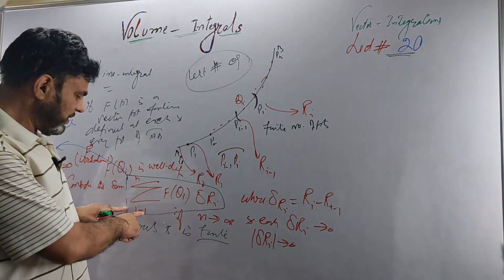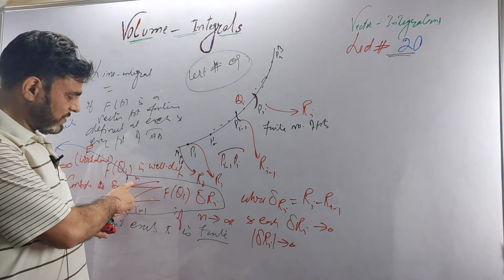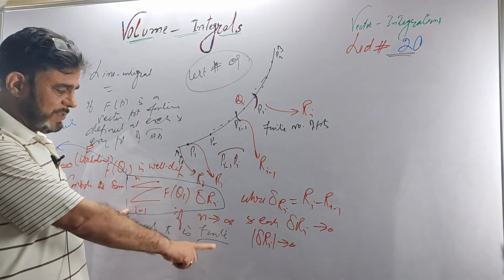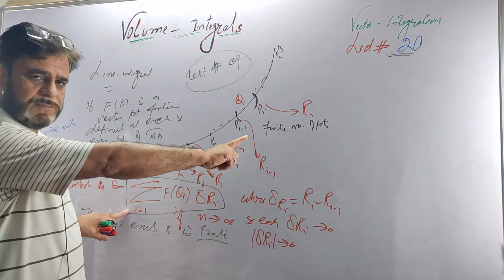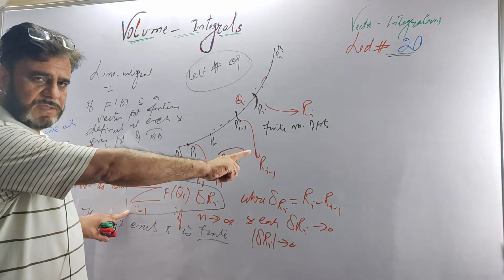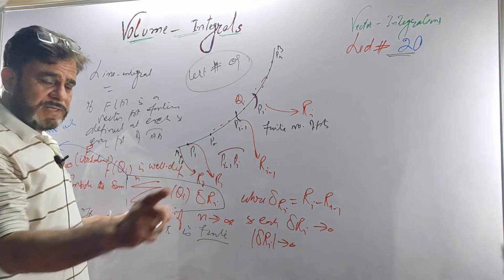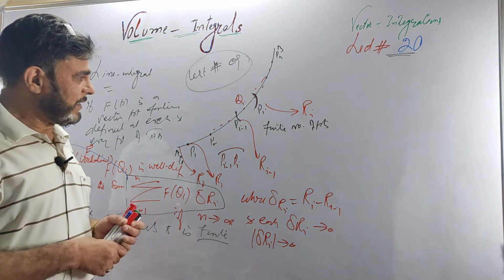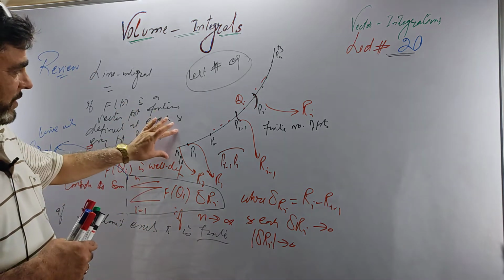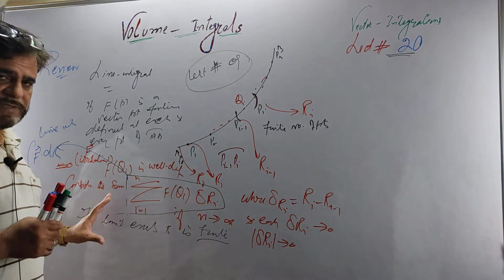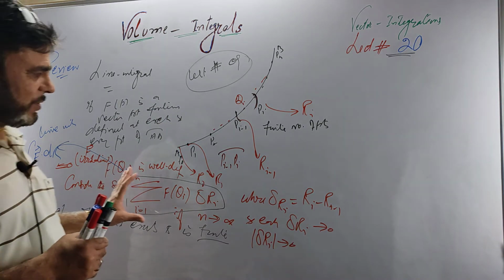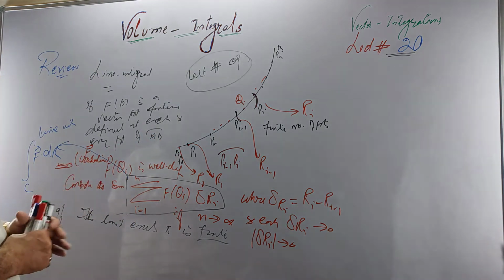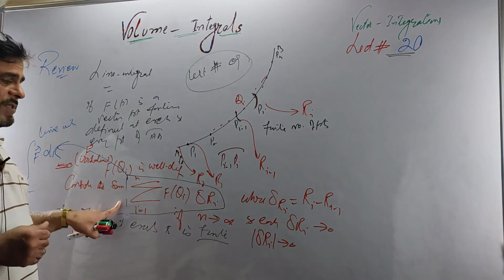When this limit exists, it is finite. We take the limit when n tends to infinity, making infinite divisions, but the mode of division is not fixed. It is independent of the mode of division. You can take any mode of division. So when this limit exists, we say it is a line integral.